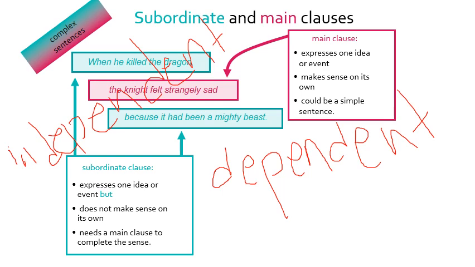So the main clause we call independent because it doesn't depend on something else to complete the idea. But the subordinate clause, I call it dependent because it depends on other sentences to make sense. Okay, I think that now it's clear.